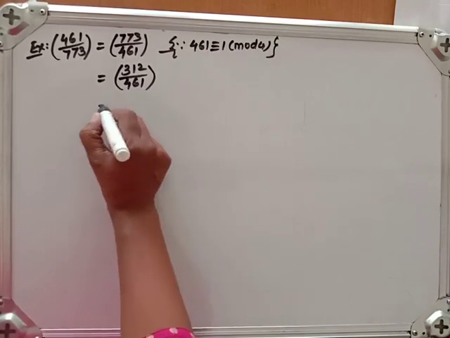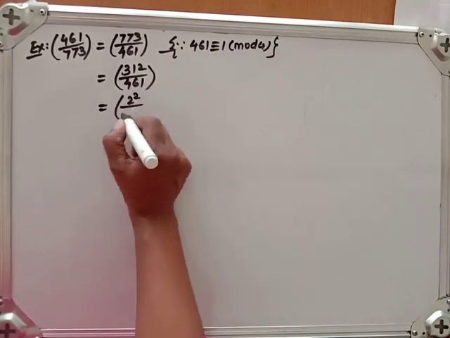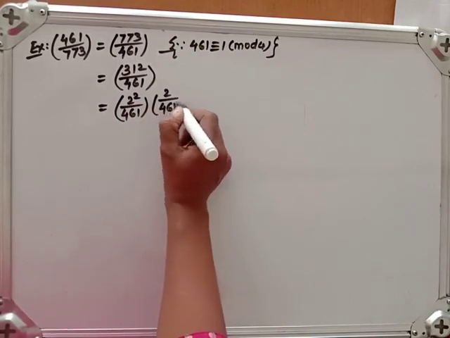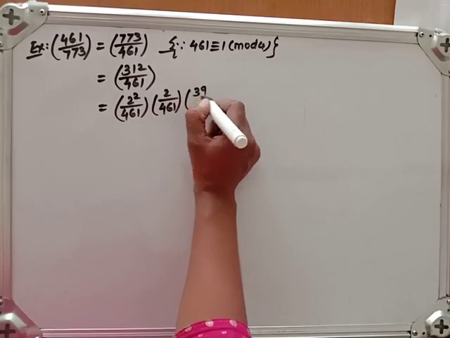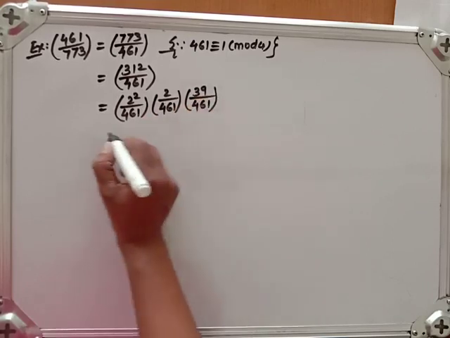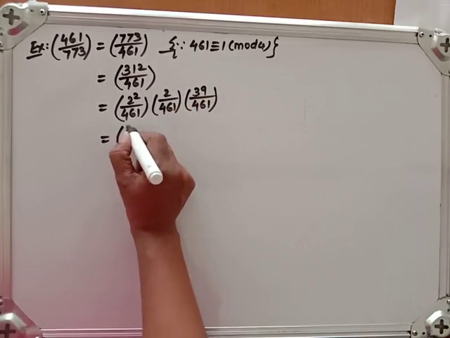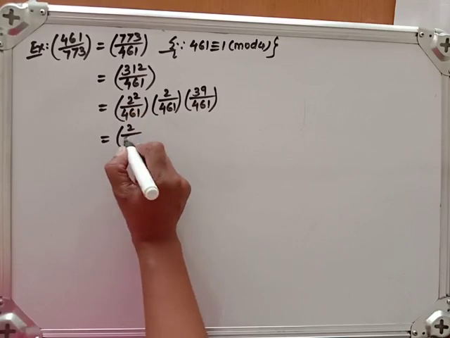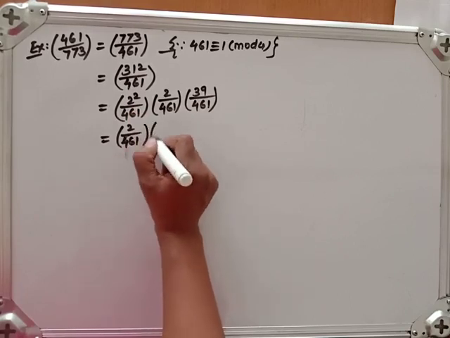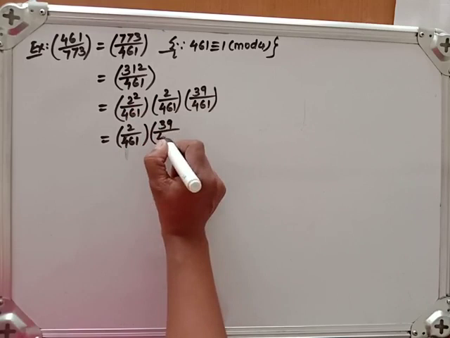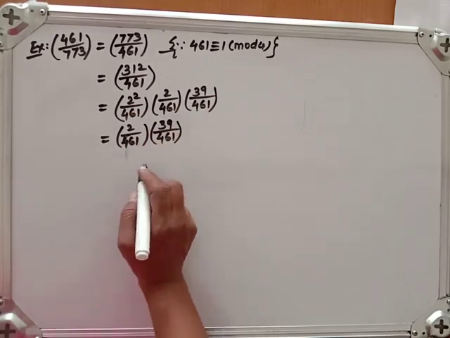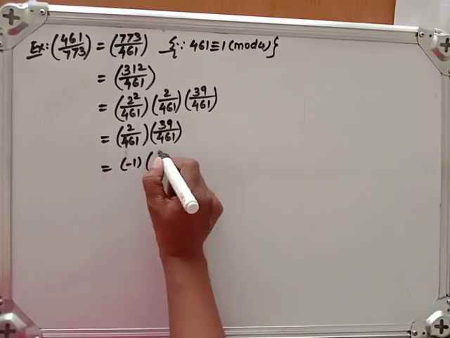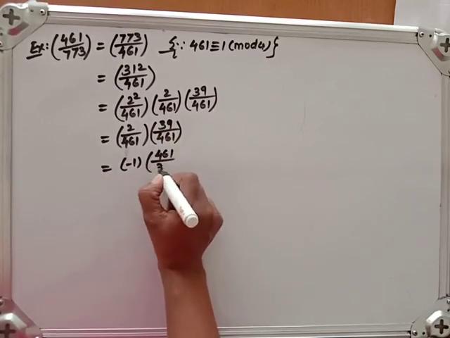Now this part can be written as the Legendre symbol of 2 square by 461 into 2 upon 461 into 39 upon 461. So this is the Legendre symbol of 2 by 461 into 39 upon 461. Okay, so this is equivalent to minus 1 into the Legendre symbol of 461 upon 39.